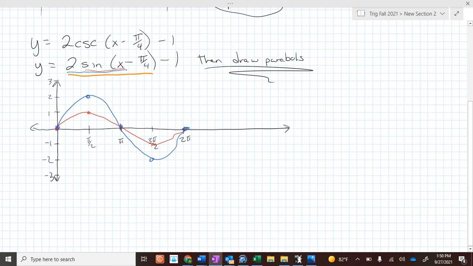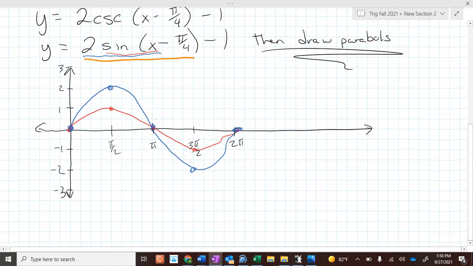It shifts it. Which direction? Left or right? Right. How far? Pi over 4, which is how many squares in this case? 2 squares to the right.